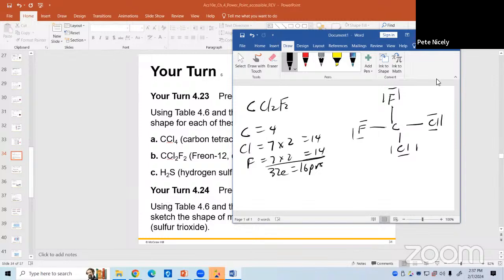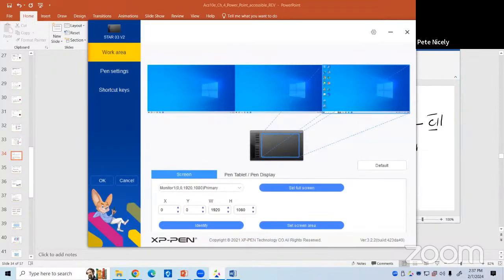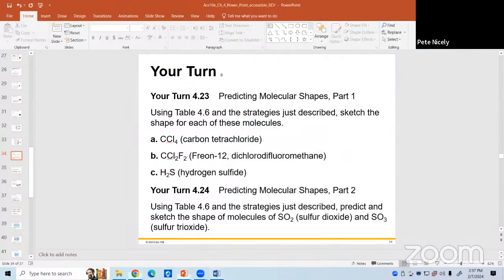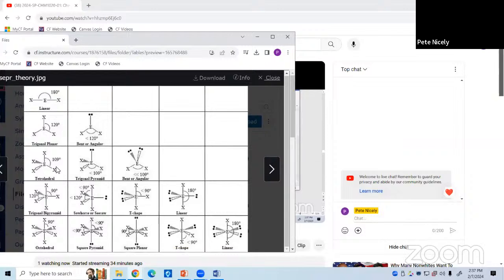So again, we have a structure where you have a central atom bonded to 4 other atoms with no lone pairs on the central atom, which means that it's going to be tetrahedral again, as predicted by the chart which I showed you. Oh, this chart right here. So again, it's going to be tetrahedral, central atom bonded to 4 other atoms.